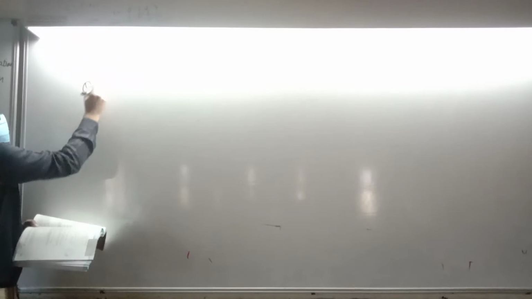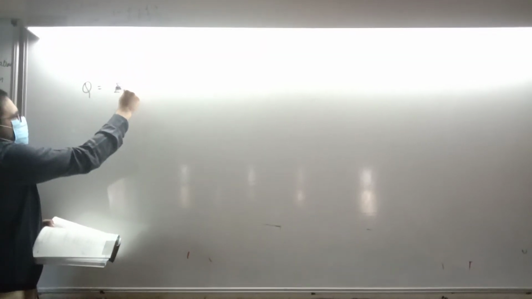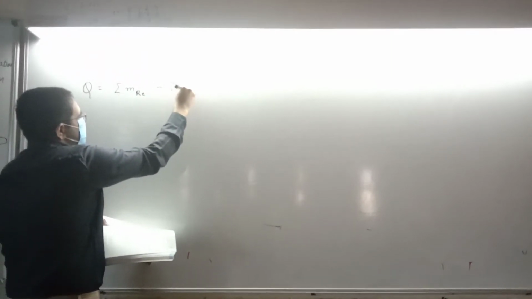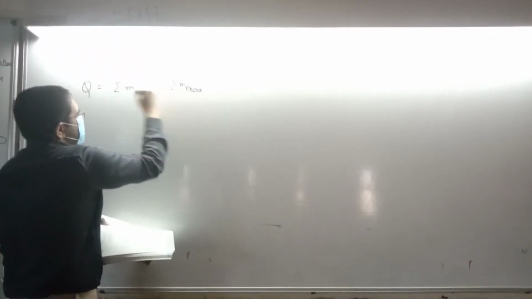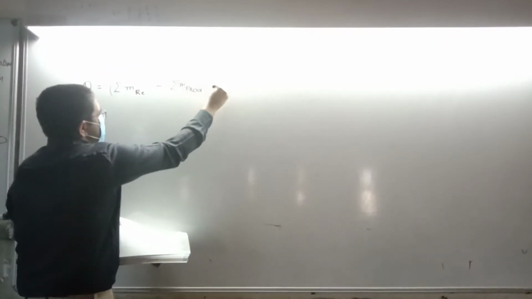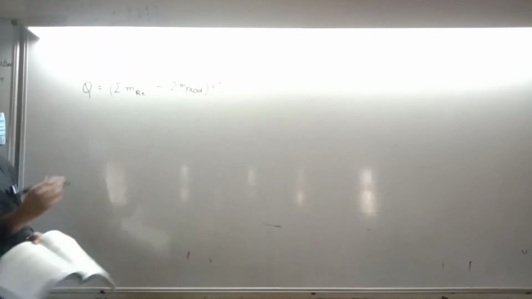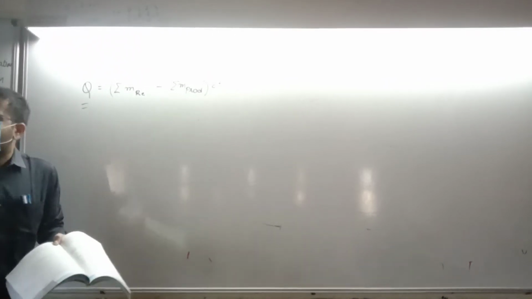So we use the formula: sigma mass of reactants minus sigma mass of products, into C square. But if we write the masses in U, then to find this energy we just need to multiply by which number?